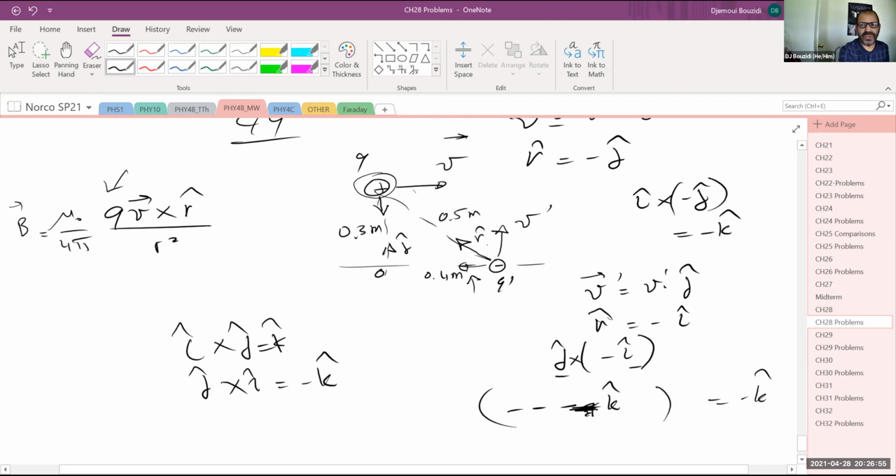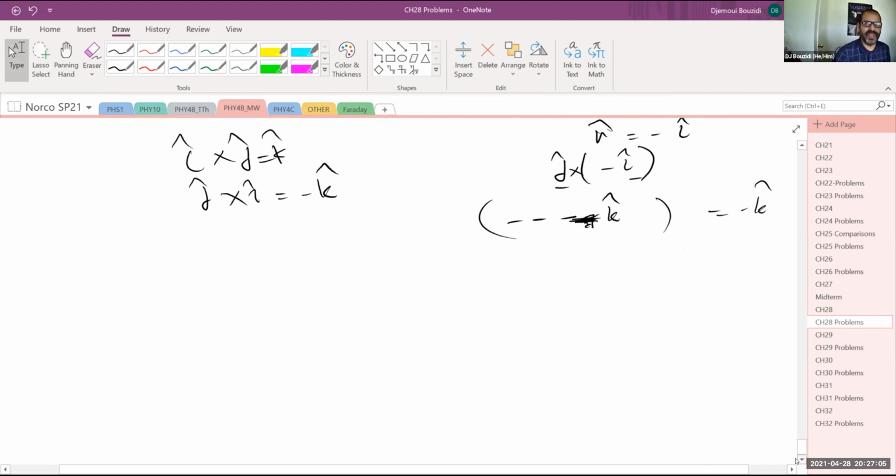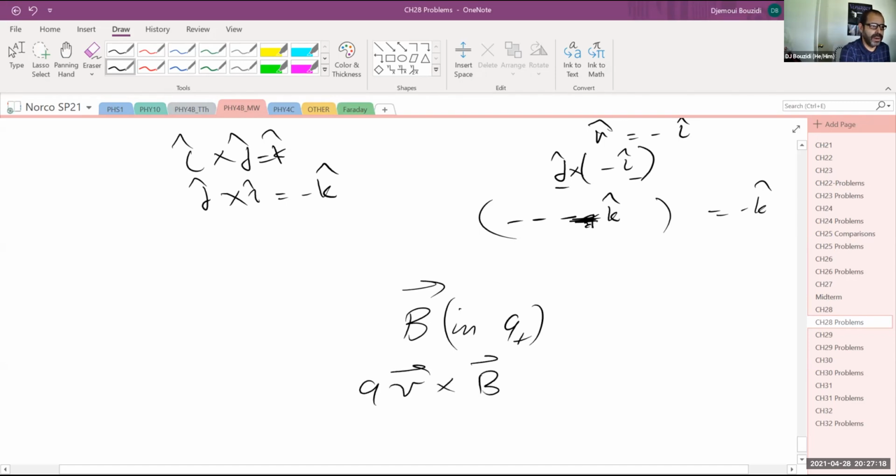It's this component that matters for r hat, and you're going to find the force exerted, because you have already B in that point, B where Q positive is. You can use this calculation to find it. Once you find it, you're going to use QV cross B to find the force on this positive charge, okay, due to the negative one.